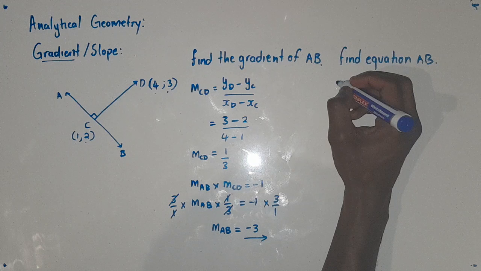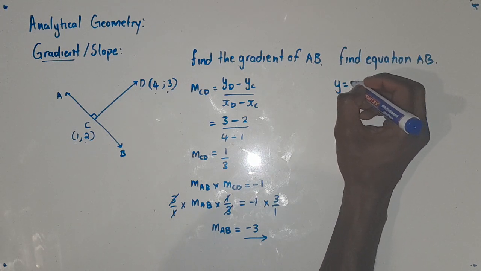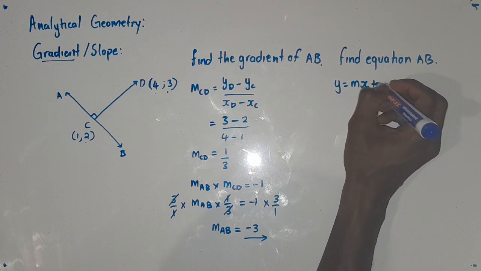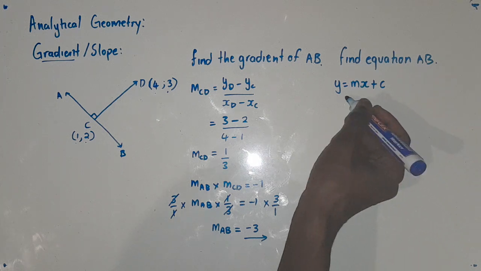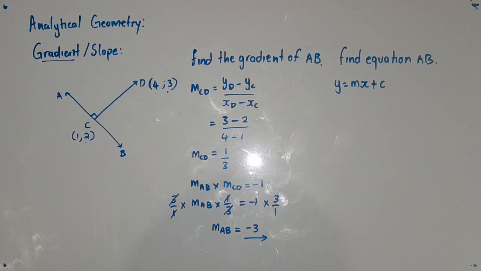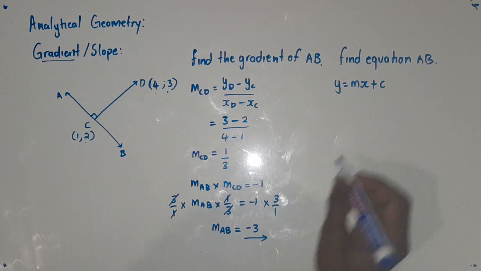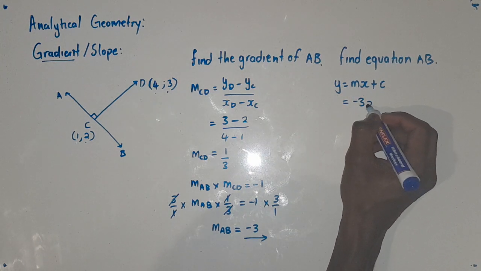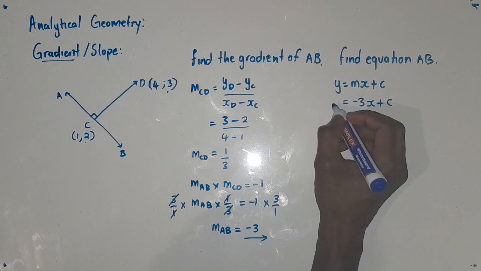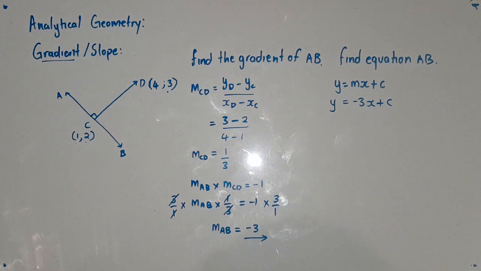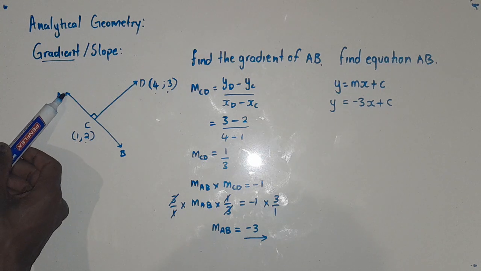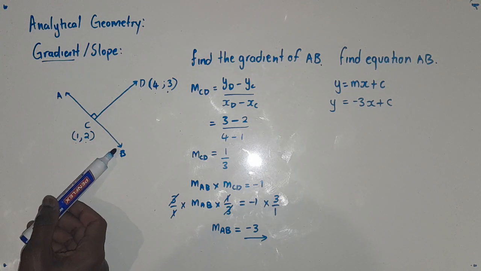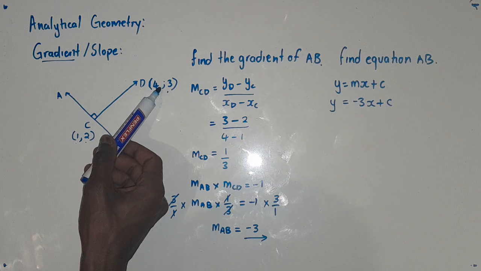Let us pick this formula, y equals mx plus c, because I know most learners like to use this one. Then we have the gradient, which is minus 3x plus c, like this. For AB, we are not going to use this coordinate.